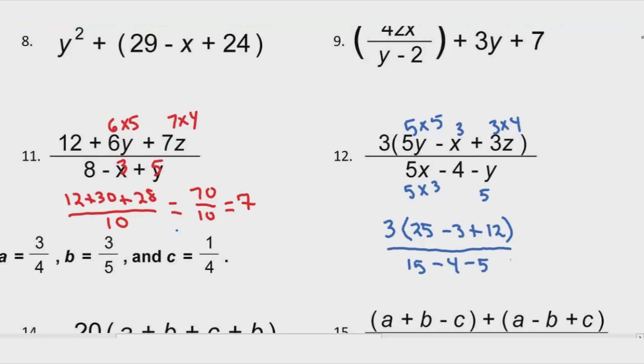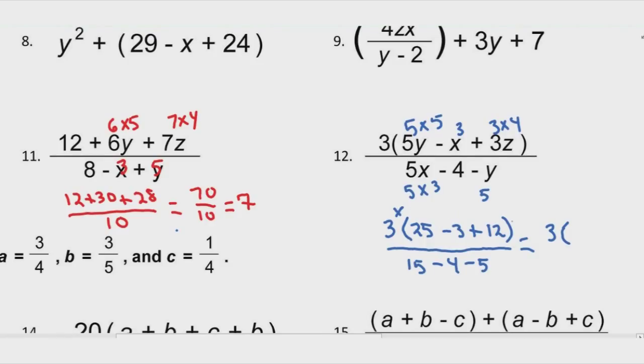Since we have adding in here, we cannot be doing cross cancellation or canceling anything. We have to put this together really quick. So we're going to end up with 3 times. Oh, by the way, if you didn't know this, a number next to parentheses or a variable next to parentheses also means multiplication. So you've got a number next to a variable, variables next to each other, and a number or variable next to parentheses.